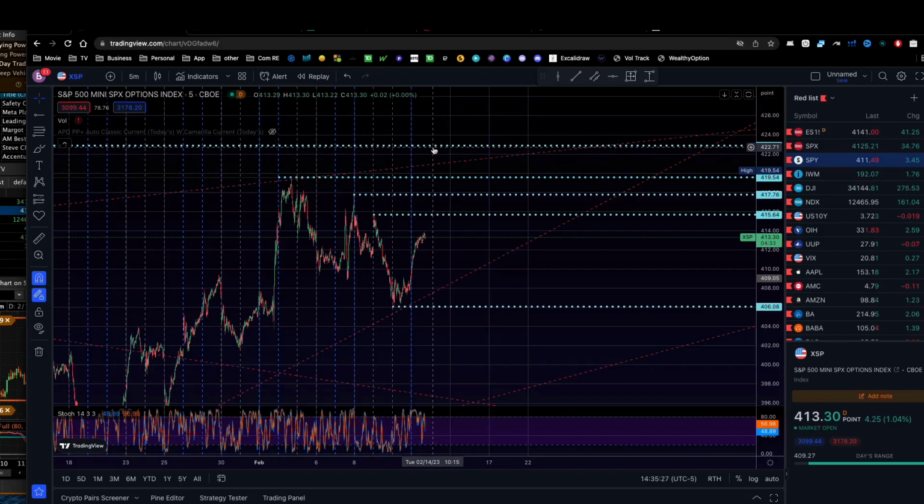I honestly don't think we'll get into the mid 4220s, but we could. I just don't think that is likely. I think if we do get a good number, we'll probably test this high right here and pair this high or something like that. But we'll have to see.